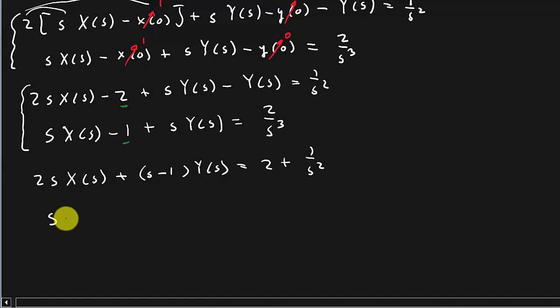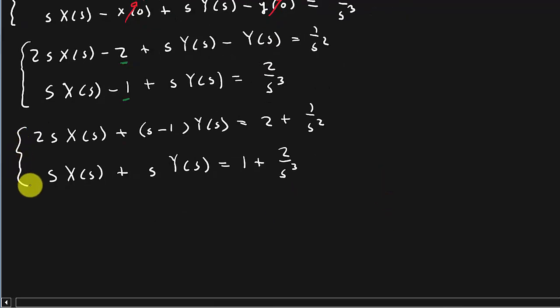And then we have s times capital X of s plus s times y of s equals 1 plus 2 over s cubed. All right, so we've got everything simplified.